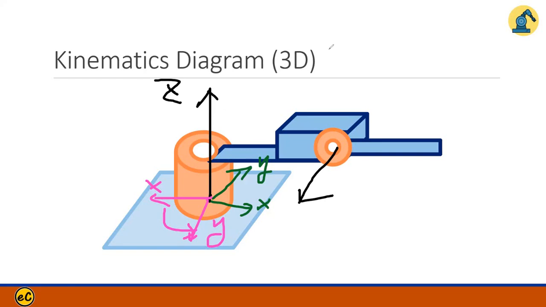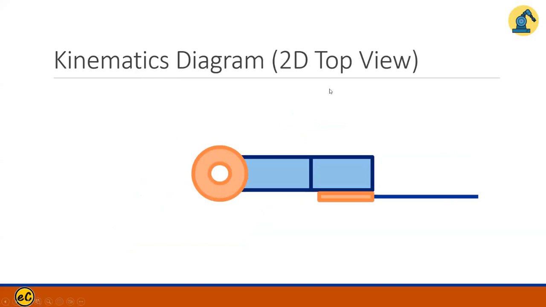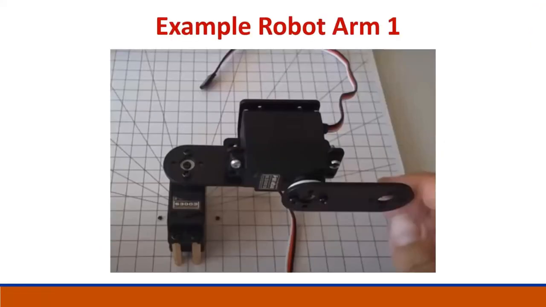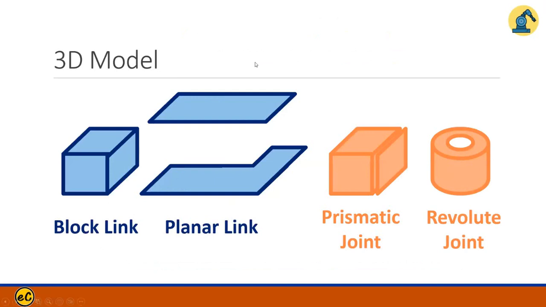The z direction is where your joint would take action. If you have a prismatic joint, then your z direction has to be the direction in which you extend your robot arm.